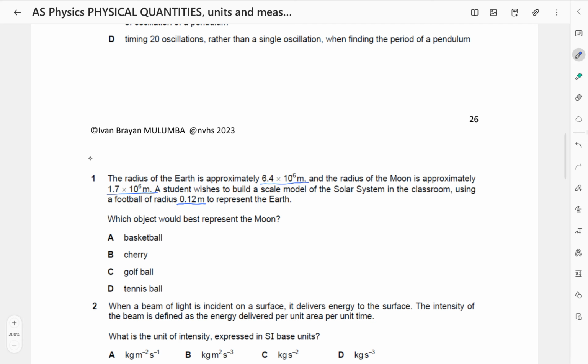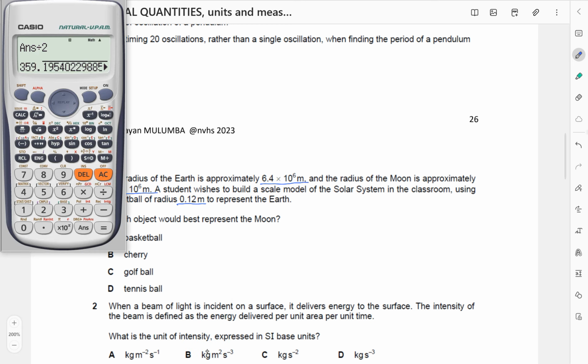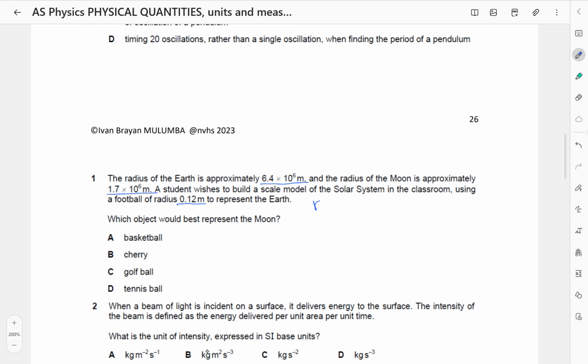The student is going to use a football of 0.12 meters. I'll just change that to centimeters. The radius of the ball is 12 centimeters. That means the diameter is 24 centimeters. So the student is using this as the Earth.